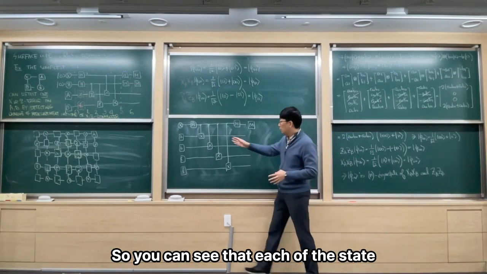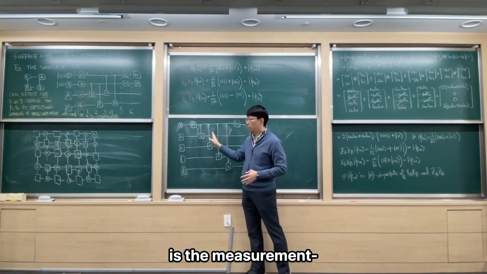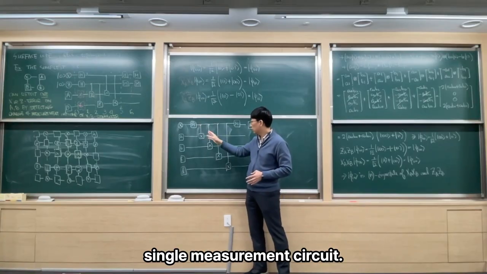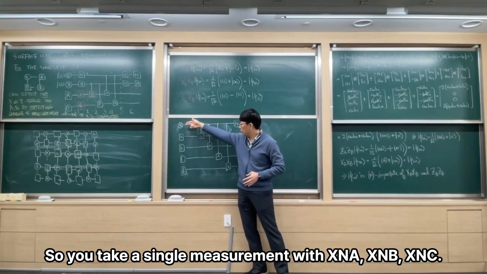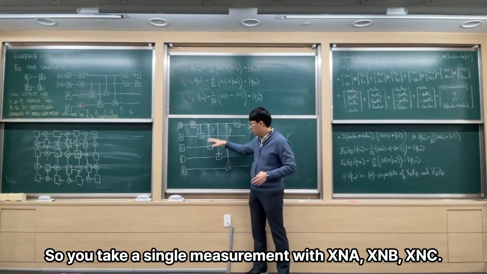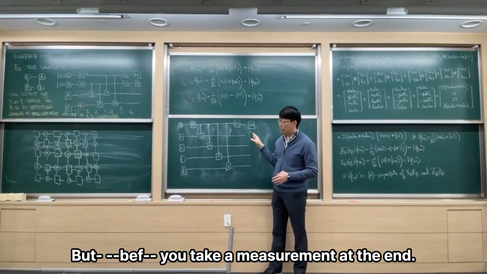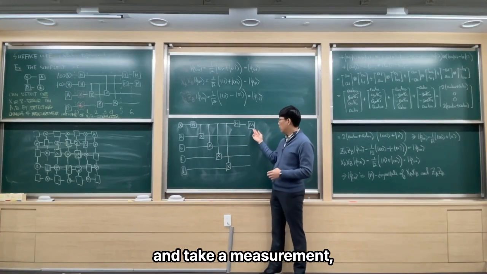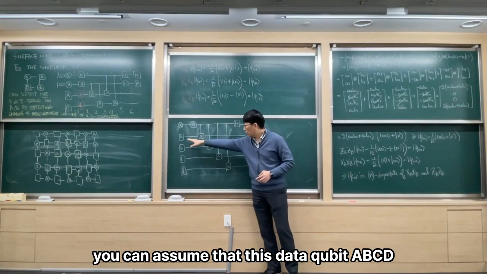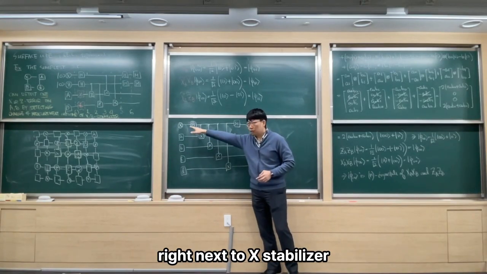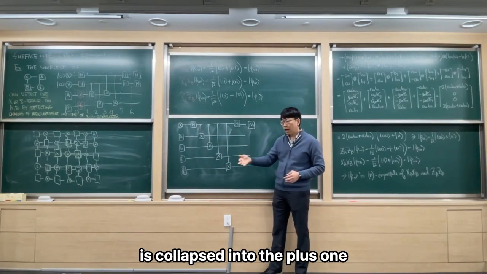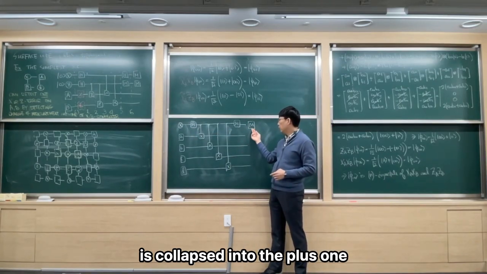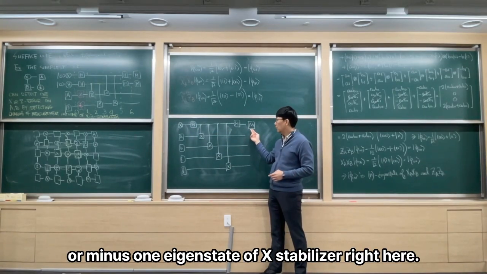So you can see that this is the syndrome measurement circuit. You take a syndrome measurement with X and A, X and B, X and C, and so on, and then a measurement at the end. When you do this, you can assume that the data qubits A, B, C, D right next to the X stabilizer collapse into the +1 or -1 eigenstate of the X stabilizer.